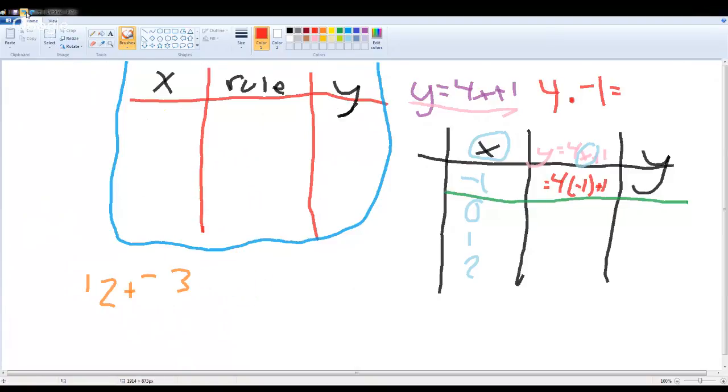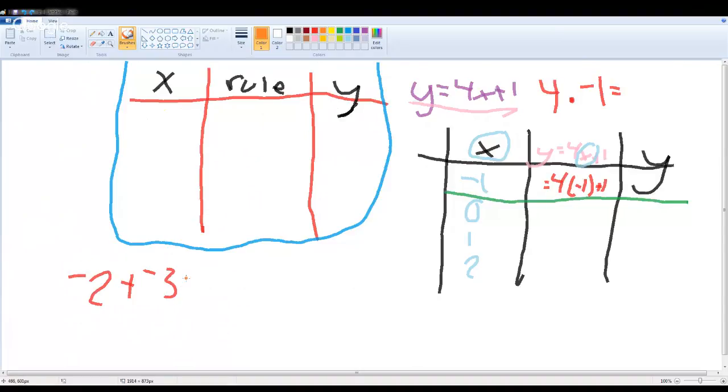So let's show you a different way in addition. Let's say it's -2 plus -3. Same signs, yes, they are same signs, a negative and a negative.